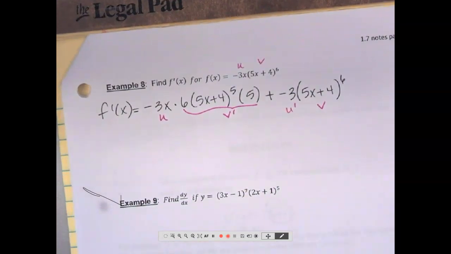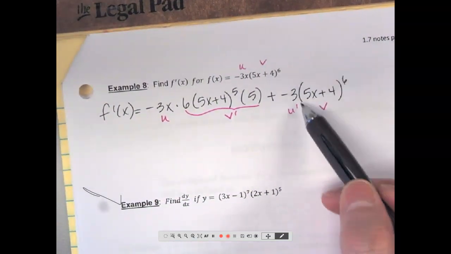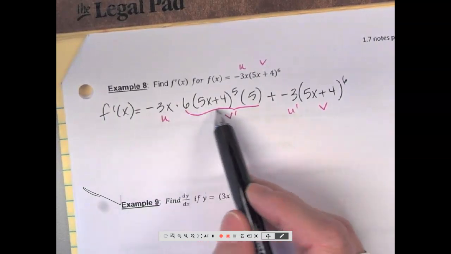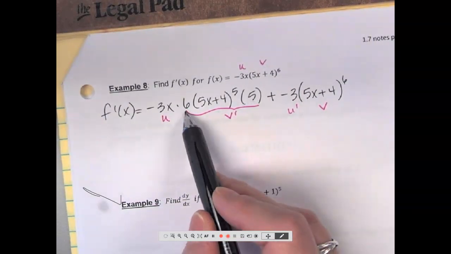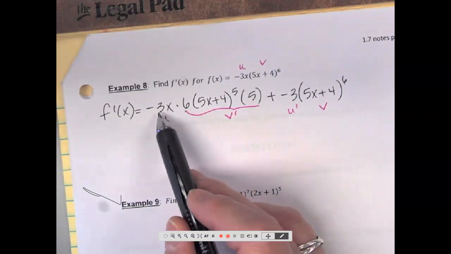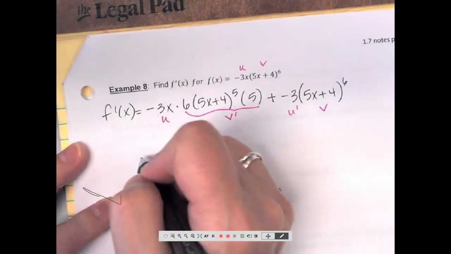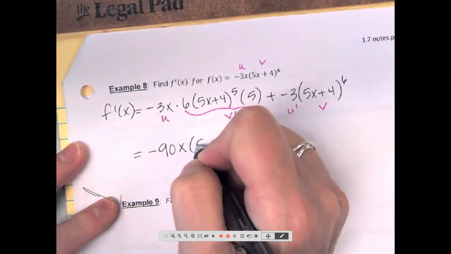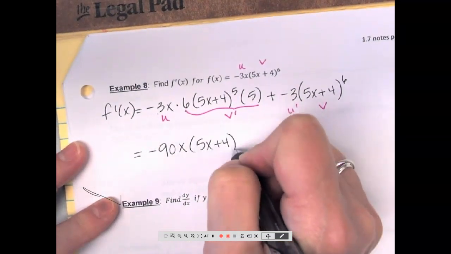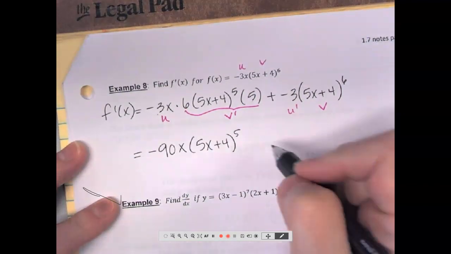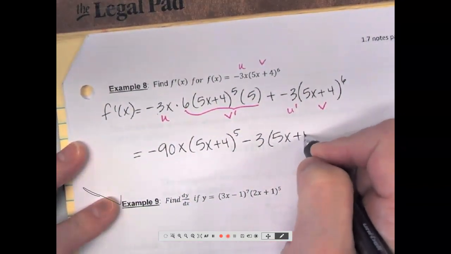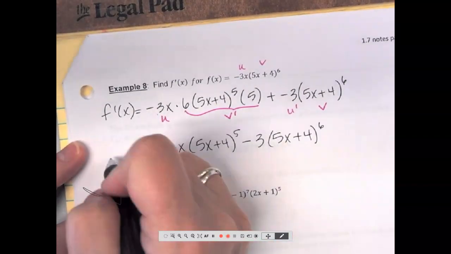Okay, I would not do anything over here. I would change this. 5 times 6 is 30. 30 times negative 3 is negative 90x out front. (5x plus 4) to the 5 minus 3 (5x plus 4) to the 6, and leave it at that.